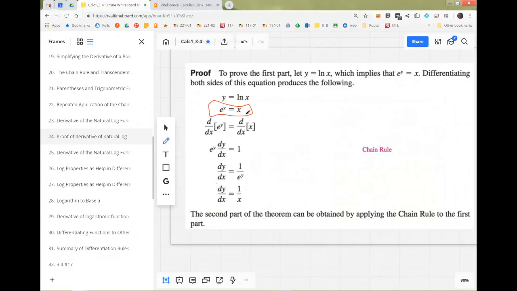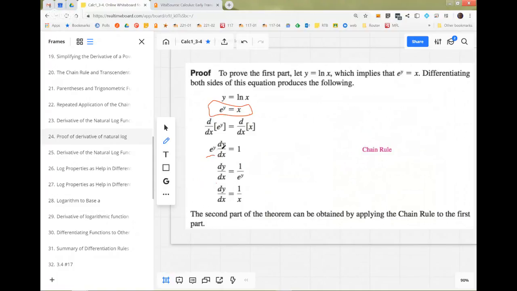All right, so let's take the derivative of both sides: the derivative of e to the y power, and the derivative of x. Well, what's the derivative of e to the y? Well, it's itself, but y might be a function itself, so we have to use the chain rule, times dy dx. And on the right, the derivative of x is 1.